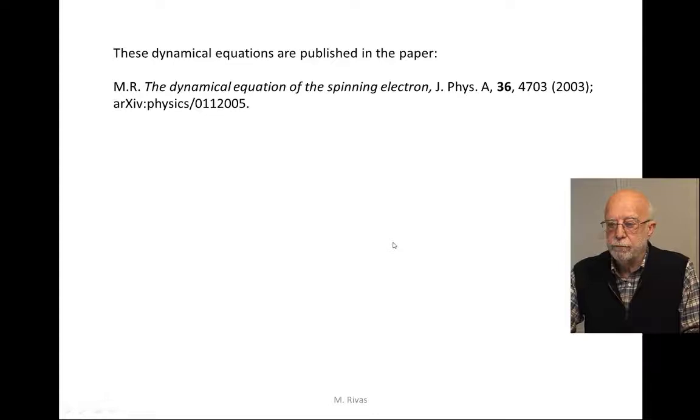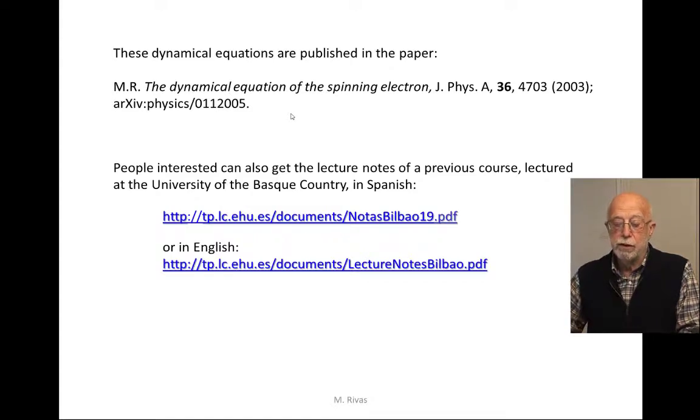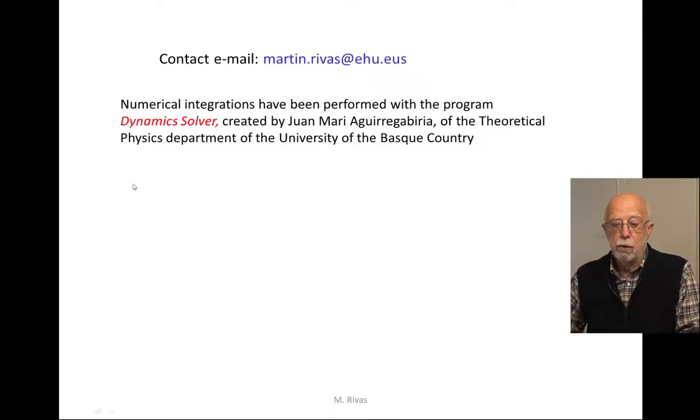These dynamical equations were published in the Journal of Physics A, and people interested can get these 2 documents of a lecture course I lecture at the University of Basque Country. You can contact me, and all the above numerical integrations have been performed with this dynamic solver numerical computation program.